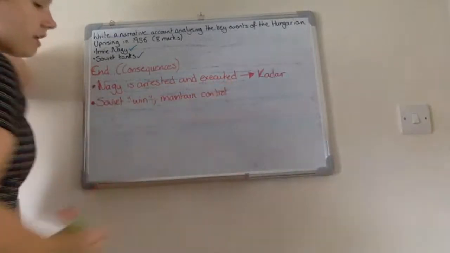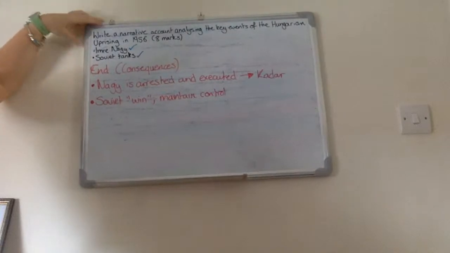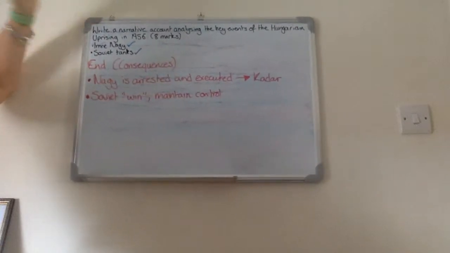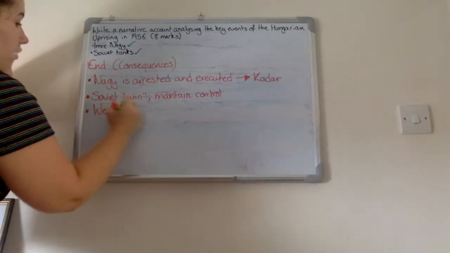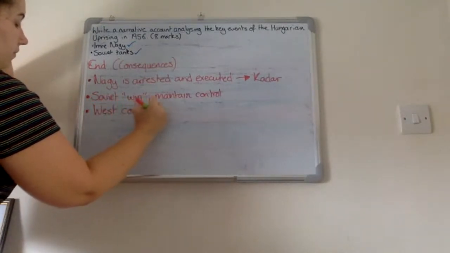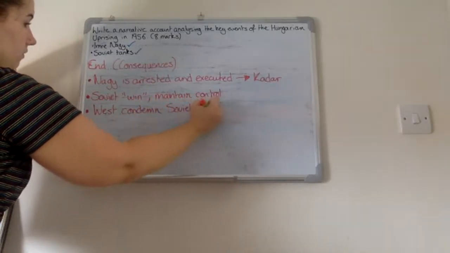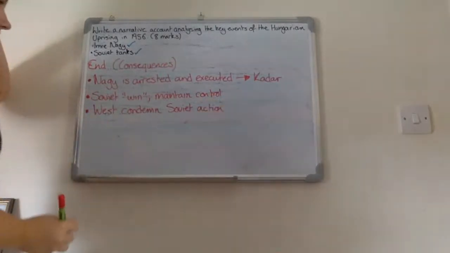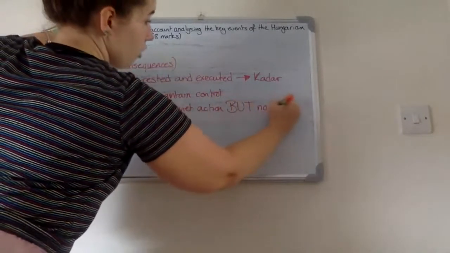We know that Soviets see this as a win because they maintain control of their empire and keep their empire completely in check. We know that the West condemn the action, but there's no military help.